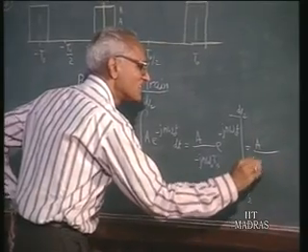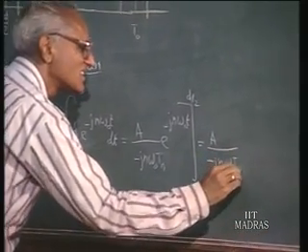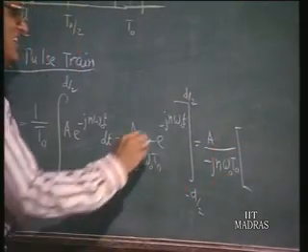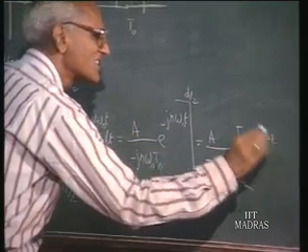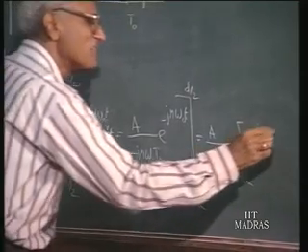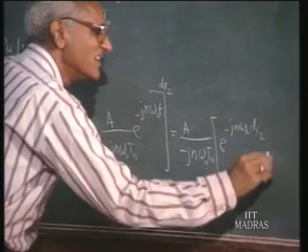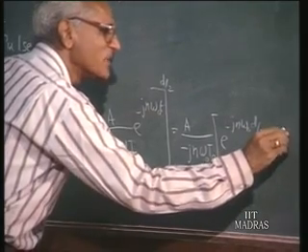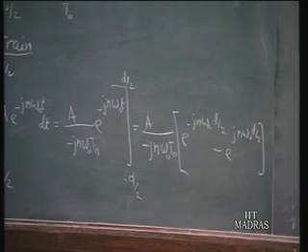That is, A over minus j n omega naught T naught times e to the power of minus j n omega naught d upon 2 minus e to the power of j n omega naught d upon 2, substituting the lower limit minus d upon 2.